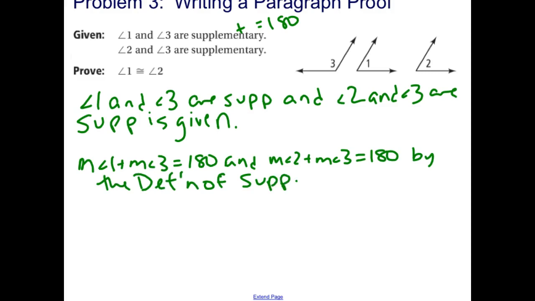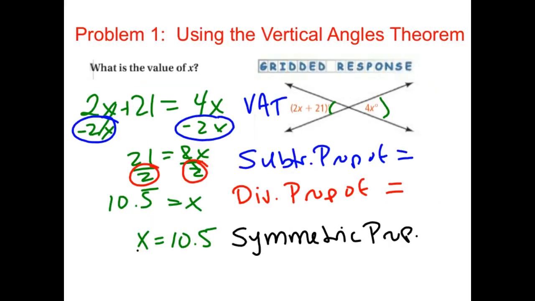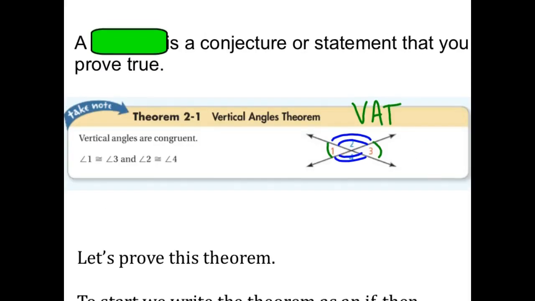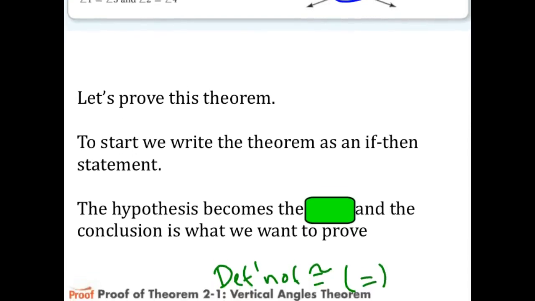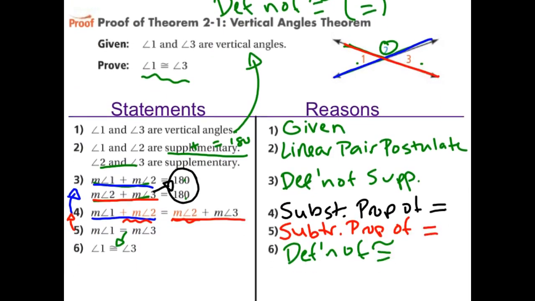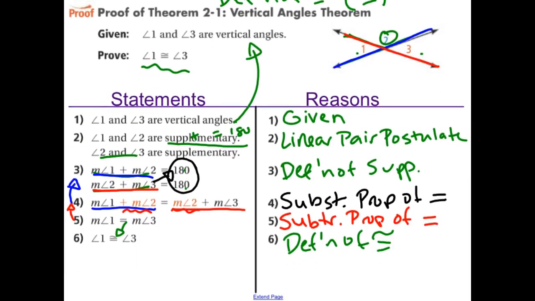Now, if you remember back to some of our earlier proofs, like what we did in our vertical angle theorem proof, once we said by the definition of supplementary that things add up to 180, we linked them together using the substitution property.